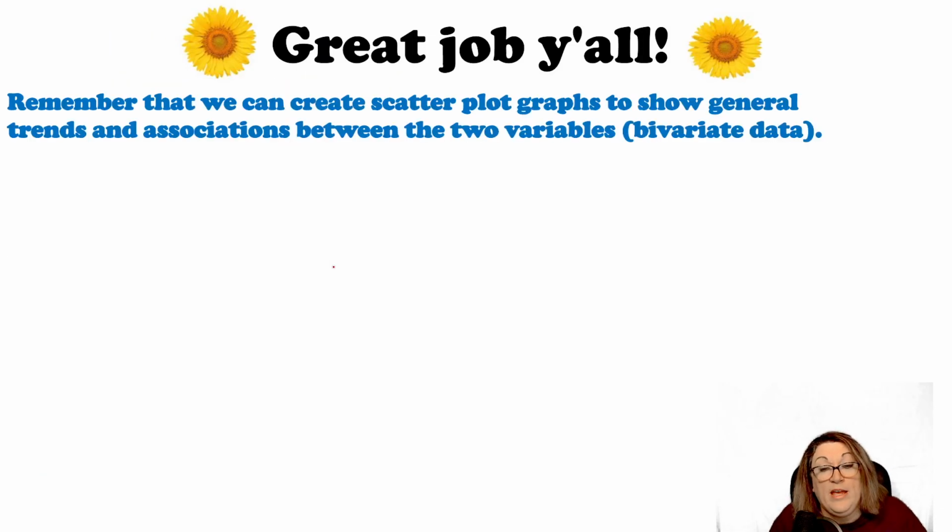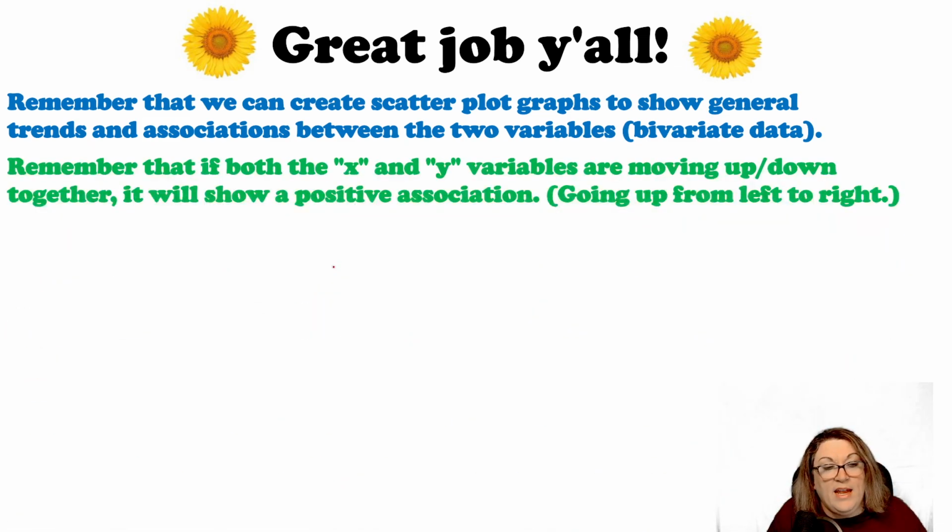So remember that we can create scatter plot graphs to show general trends and associations between the two variables. We call that bivariate data when there's two variables that we're comparing. Remember that if both the X and Y variables are moving up or down together, then that's going to show a positive association, which means that the trend will look like it's going up from left to right.